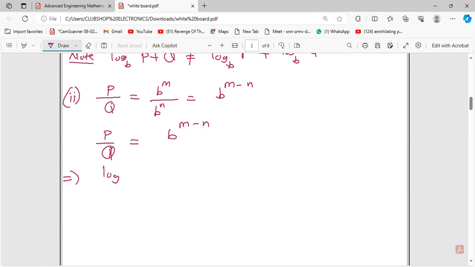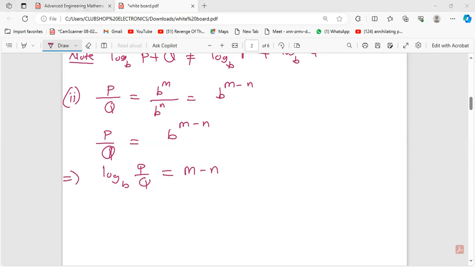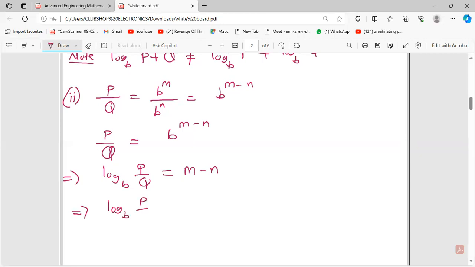So we have log B of P over Q is equal to M minus N. This takes us to the property that log B of P divided by Q is equal to M minus N. Now, what is M?